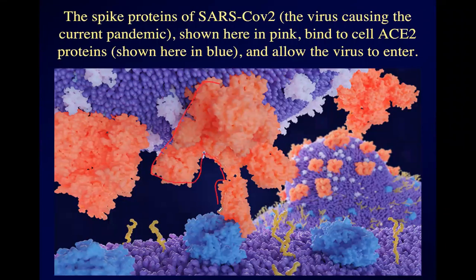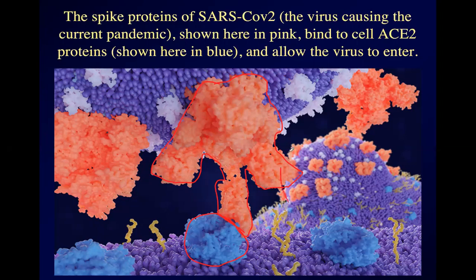And they have just the right shape that they can bind to these ACE2 proteins that the cell makes. And once they've done that, the virus is essentially able to recognize, hey, this is a cell I can infect. And the cell will take the virus in. It will allow the virus to enter. And then the virus will start doing that thing that it does.